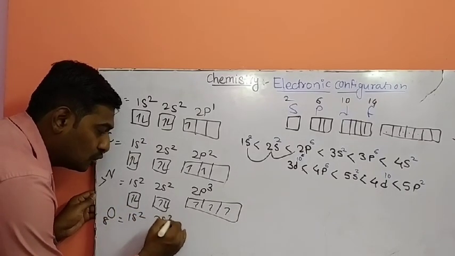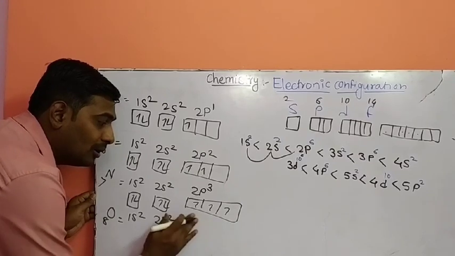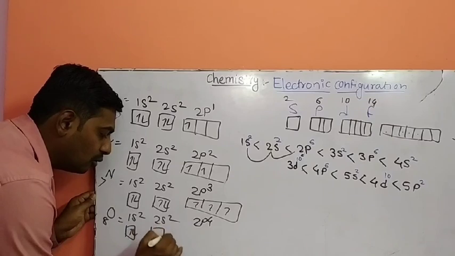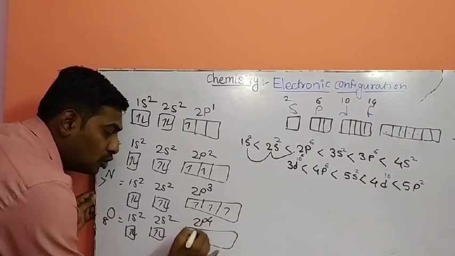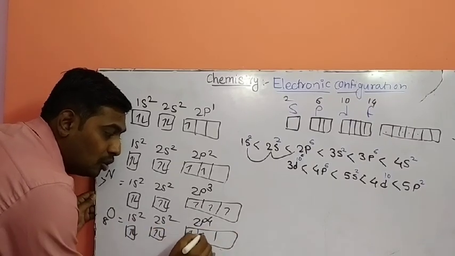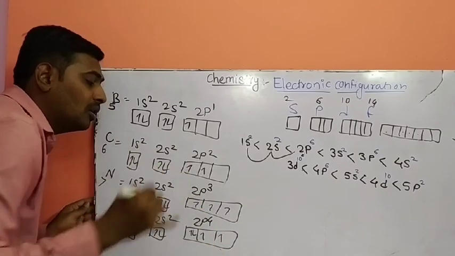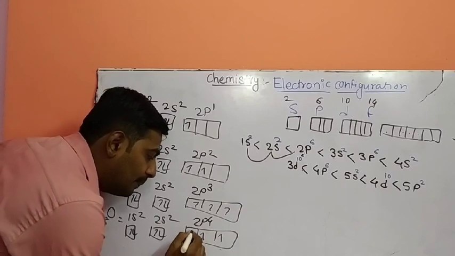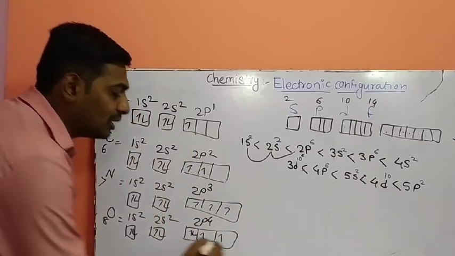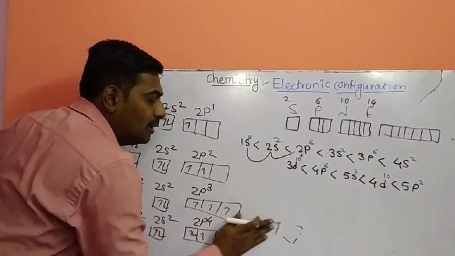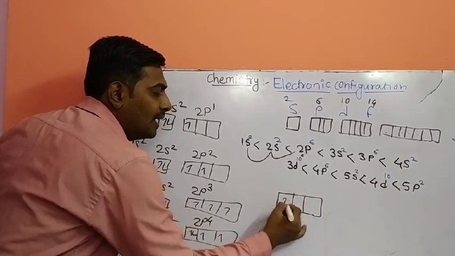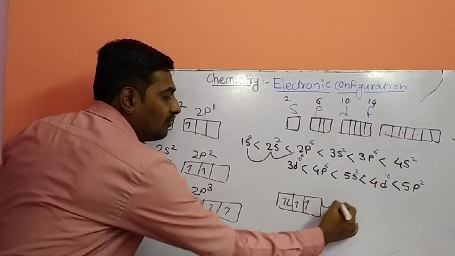1s2, 2s2, 2p right now. What will be 2p? 2p4. So how do we have to write 2p4? 2p4 should be properly written 1, 2, 3 and 4. Hund's rule says that when all orbitals are half filled, then we have to start pairing. It is not like this way. 2p4 will not be like this way. 1, 2, 3, 4, it is the correct way.